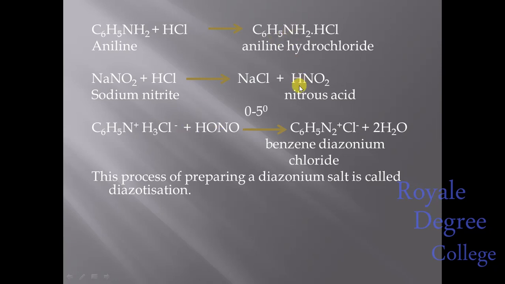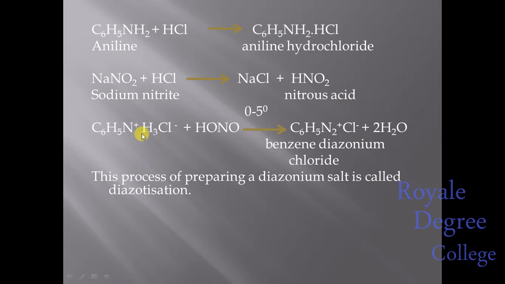As we are getting here the nitrous acid, that nitrous acid we are taking in the next step in the expanded form. We are writing here HONO. Okay, to which we are adding C6H5NH3 plus Cl minus, which is nothing but aniline hydrochloride. The reaction will take place at the temperature range of 0 to 5 degrees centigrade. Then what we will get here? See, C6H5N will be there.